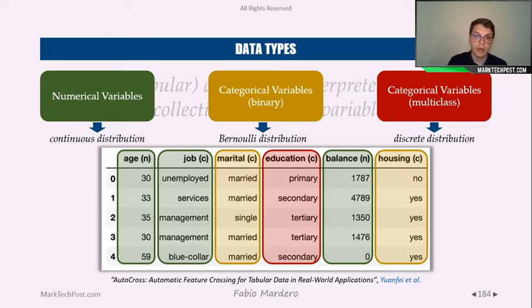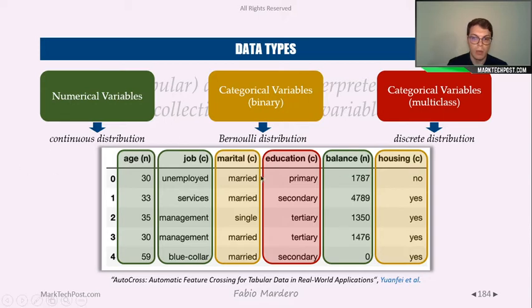Numerical variables are generally treated with continuous distributions. For example, even if the age is expressed only in years, generally speaking we refer to it as a continuous variable, since the time underlying the years is continuous. Then, categorical variables, especially multi-class ones, are generally modeled with discrete distributions.